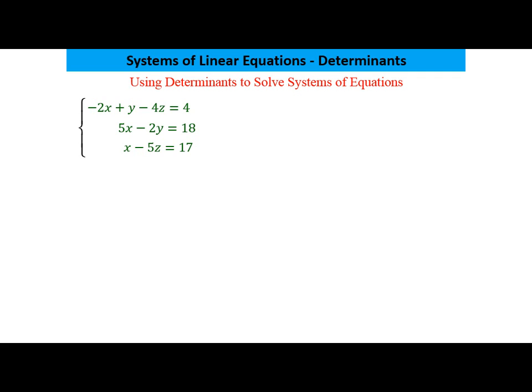And we have 5x minus 2y, we're missing the z, so we're going to put a 0 there, equals 18. And then 1x, missing the y, so plus 0, minus 5z equals 17. Now, I actually find it easier to write the augmented matrix first. So here's the augmented matrix, because it's the whole thing.